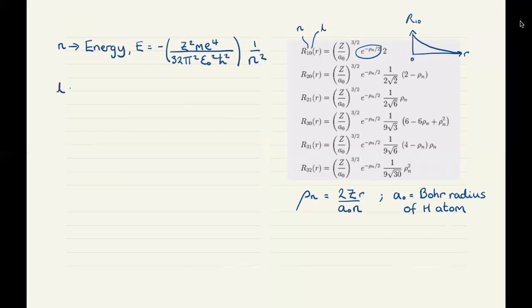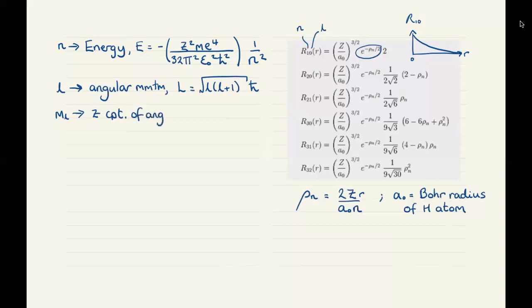Again, the L quantum number gives us the total angular momentum, which has the same form as in the particle on a sphere case. And the m sub L quantum number gives us the z component of the angular momentum.